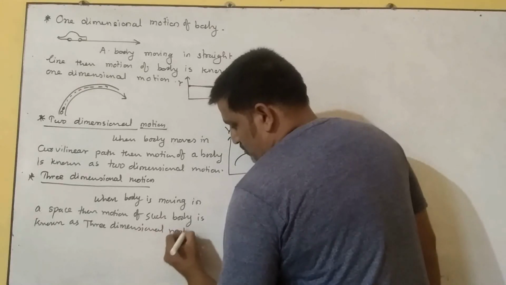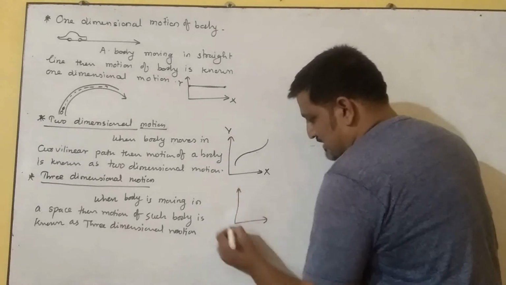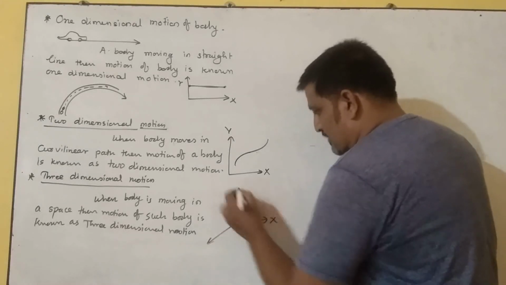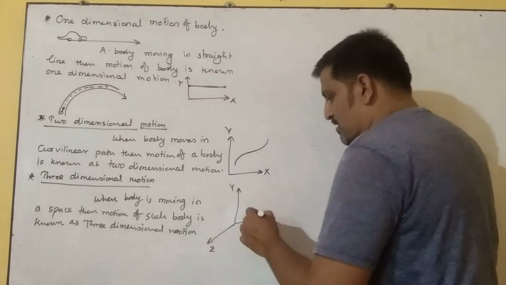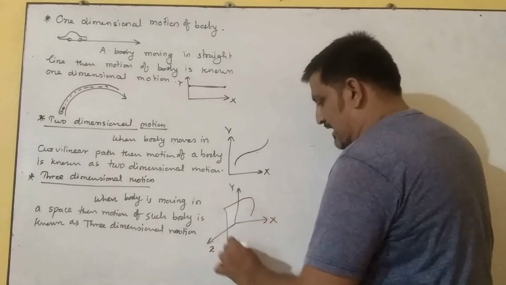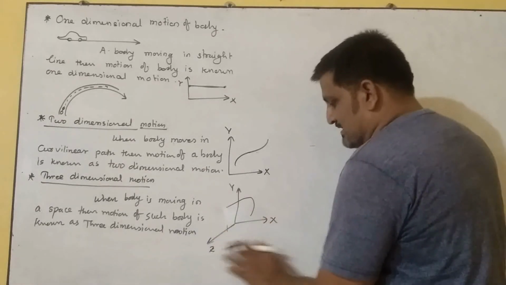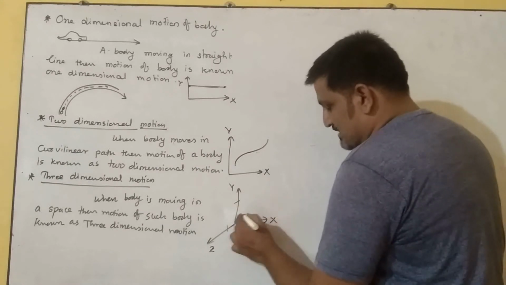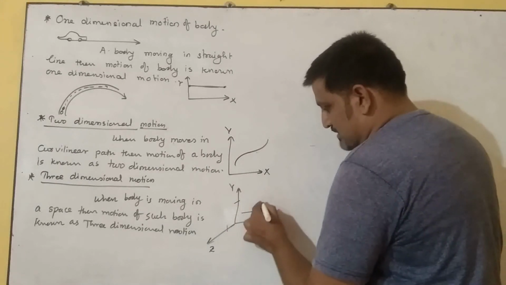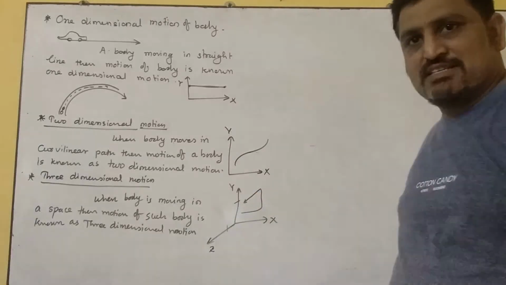Okay. So here we can say the three axes are there: x-axis, y-axis, as well as z-axis. And in that case we find the body moves in any direction, which shows us it goes along the x-axis, along the y-axis, and then z-axis also, right? X-axis, y-axis, and then again comes to z-axis also.